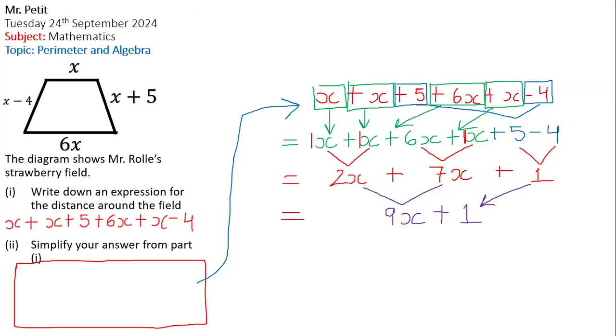To get the answer, you add all the x's together. So that's why the 5 is at the end, correct? Because the 5 doesn't have an x. Yes. So it's x plus 6x plus x plus 5 minus 4.